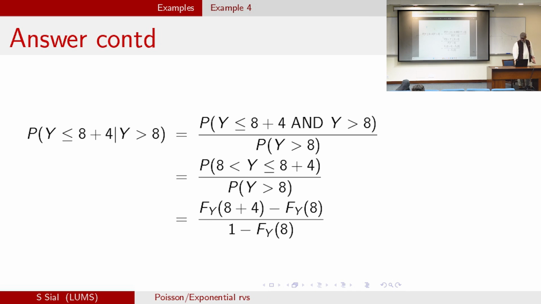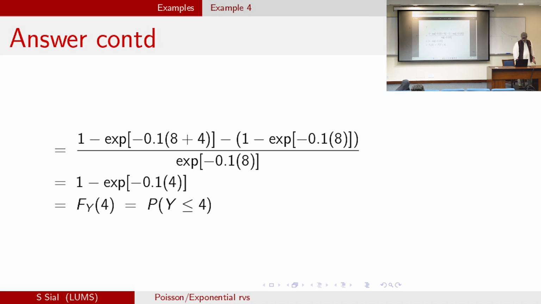Okay, so now we can put those in. So that's 1 minus the exponential of minus 12 over 10, minus 1 minus the exponential of minus 8 over 10.